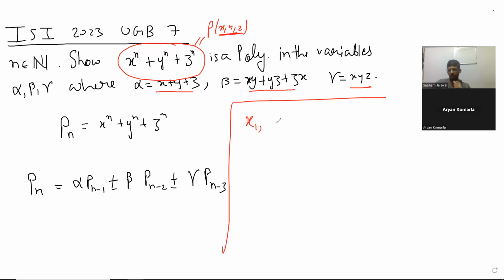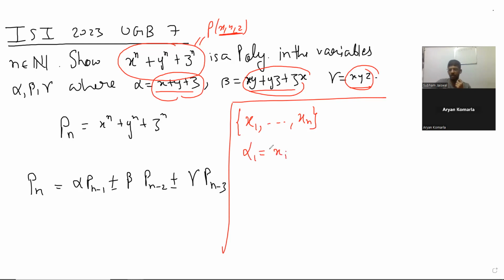So the statement will be like this: you consider n variables. Then given these n variables, how many polynomials of this type will you have?